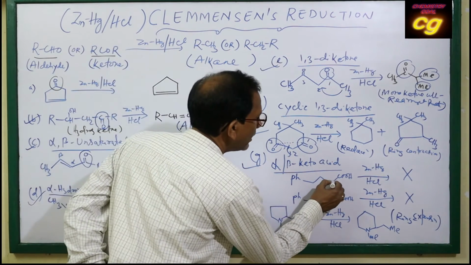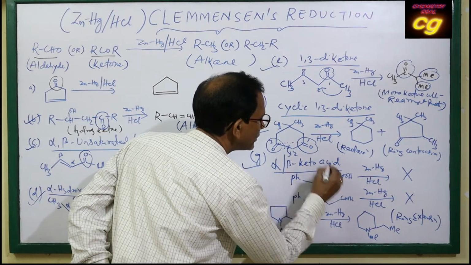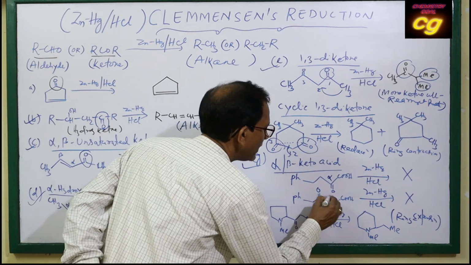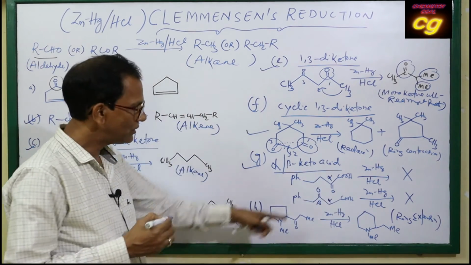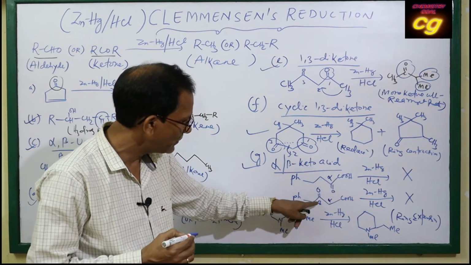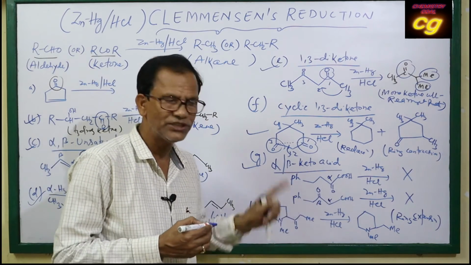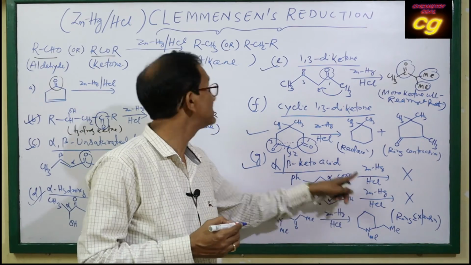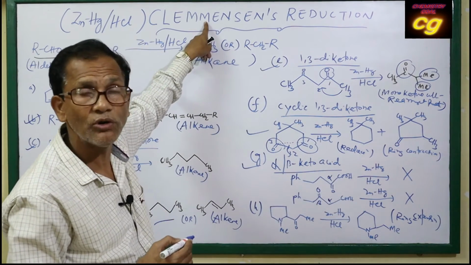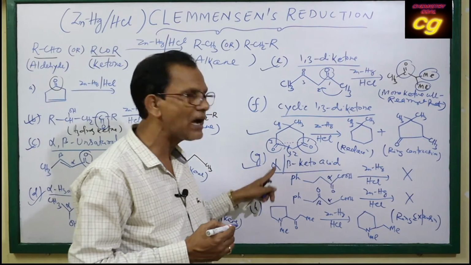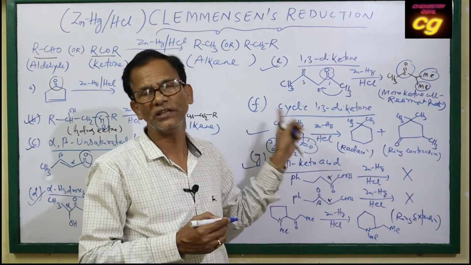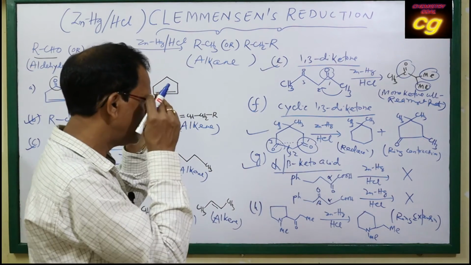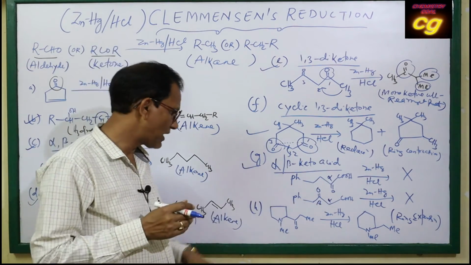This is your alpha position keto group, this is your alpha, this is your beta. Either alpha keto acids or beta keto acids cannot be reduced by zinc amalgam HCl. That means Clemmensen reduction is not applicable to alpha or beta keto acids. There will be no change in the reduction. So this is very important.